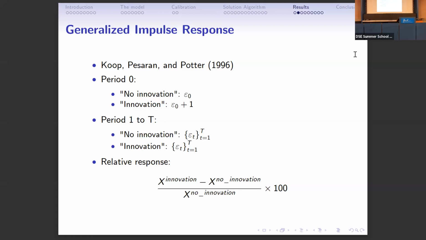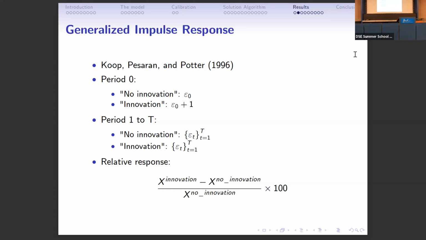You should make a variation for one shock in one period and compare the series. This is what this paper suggests, not for this particular type of exercise, not for structural DSGE models, but in a different context. But we thought it's useful here as well.